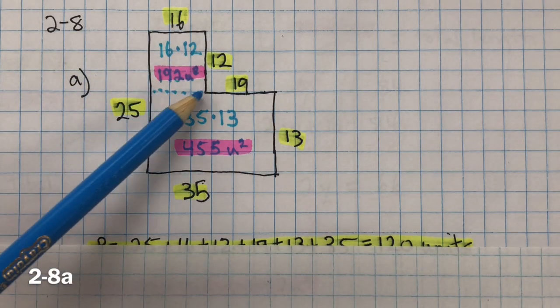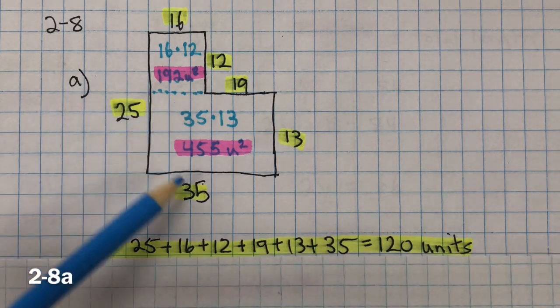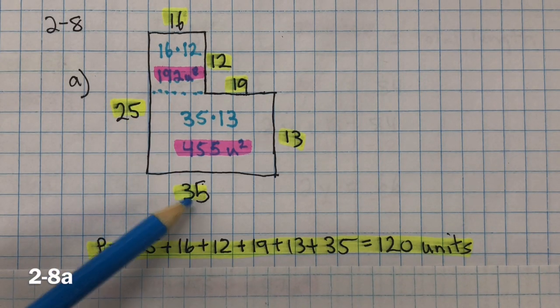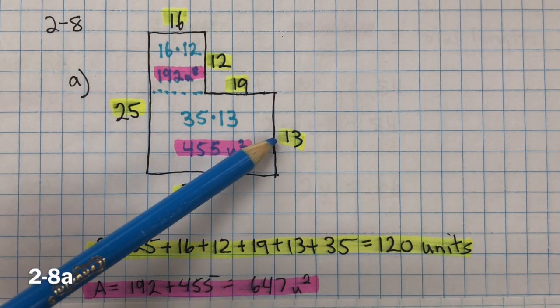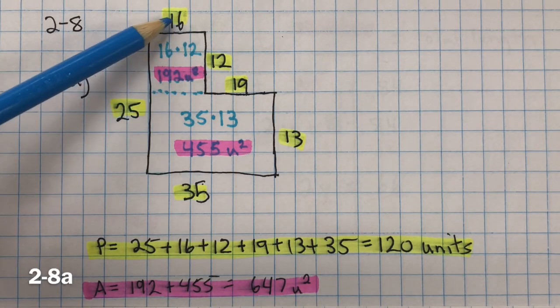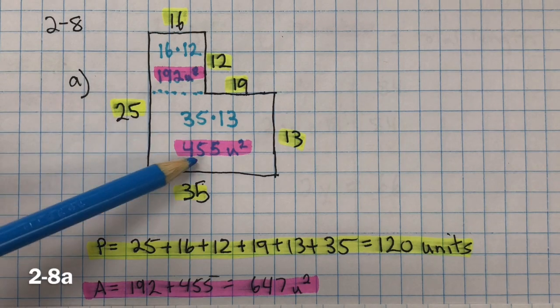The other way that I chose was to just break it up into 2 rectangles. So I have the area of this first rectangle is 35 multiplied by 13. And then the area of the second rectangle, 16 multiplied by 12.